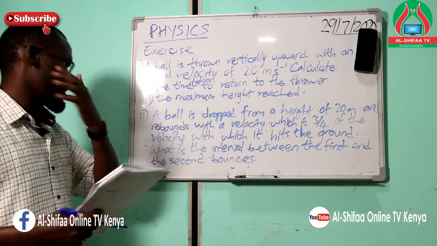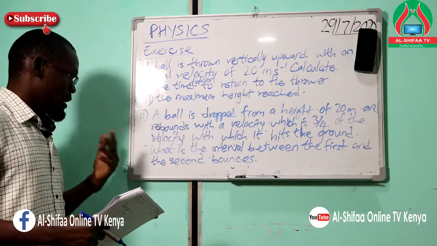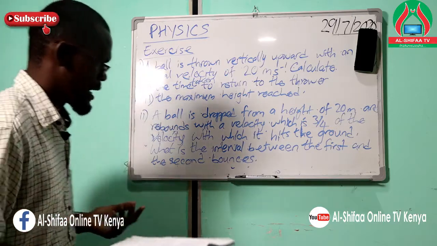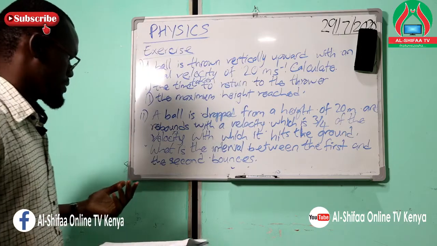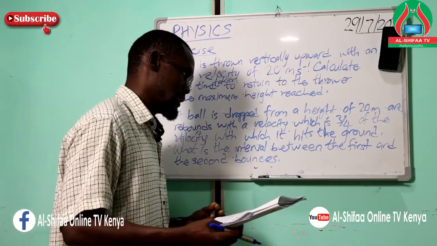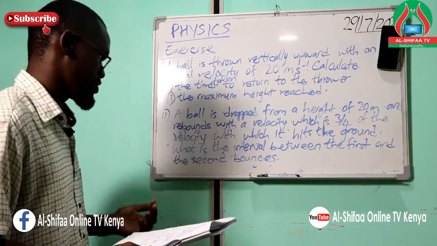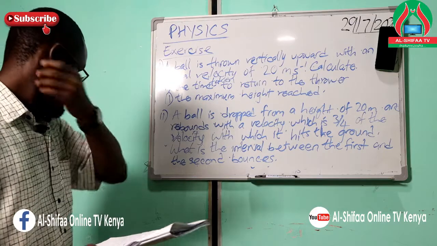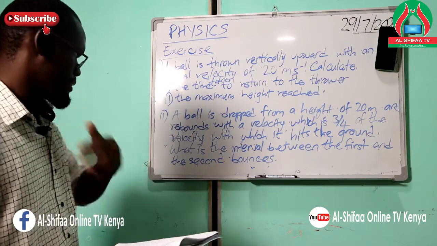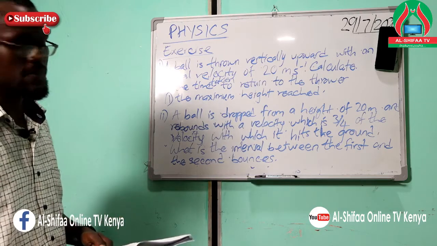Second, the maximum height reached. Then the second question: a ball is dropped from a height of 20 meters and rebounds with a velocity which is 3/4 of the velocity with which it hits the ground. What is the interval between the first and the second bounces?